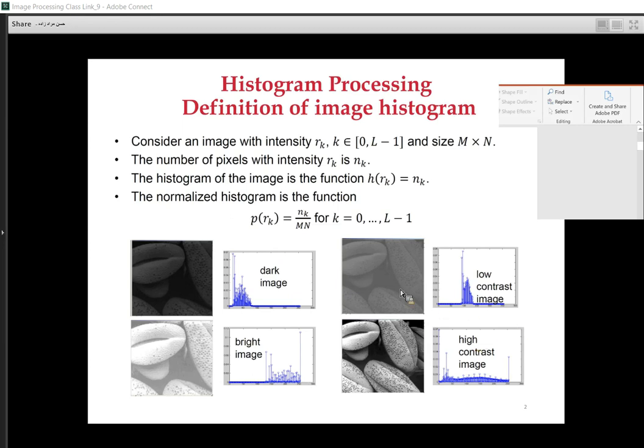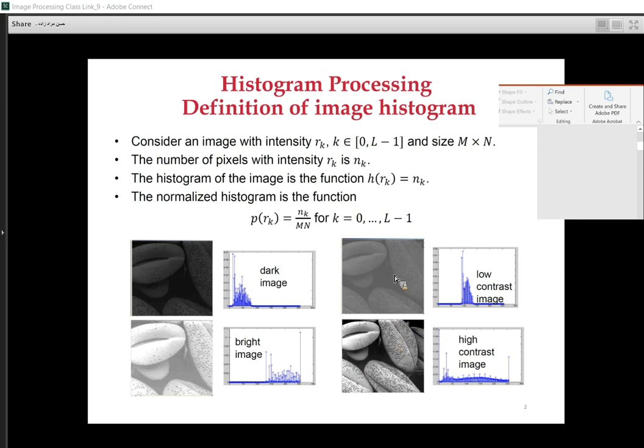Another one has dark and bright: in the dark part the intensities are near zero, and in the bright part they are near, for example, 255, or the second half.